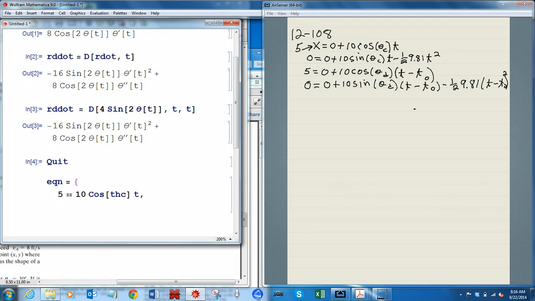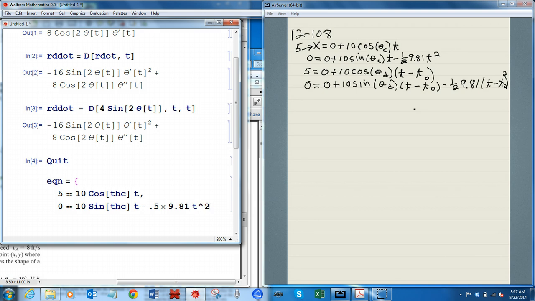That's one equation. So far, so good? Here's another one: 0 equals 10 sine THC times time minus 1/2 9.81 times t squared. Is that good?